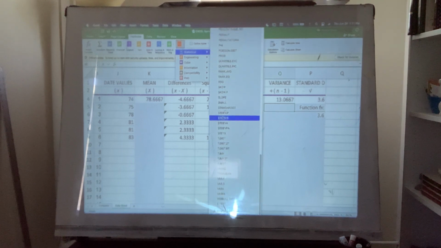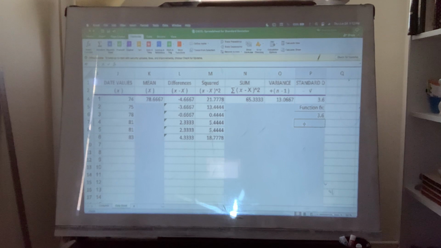There's standard deviation, just as I've used it, STDEV. This is probably the distinction. I'm guessing .P is population and .S is sample. Let me try with the .P instead. I'm just curious, so I'll put it here. Equals.